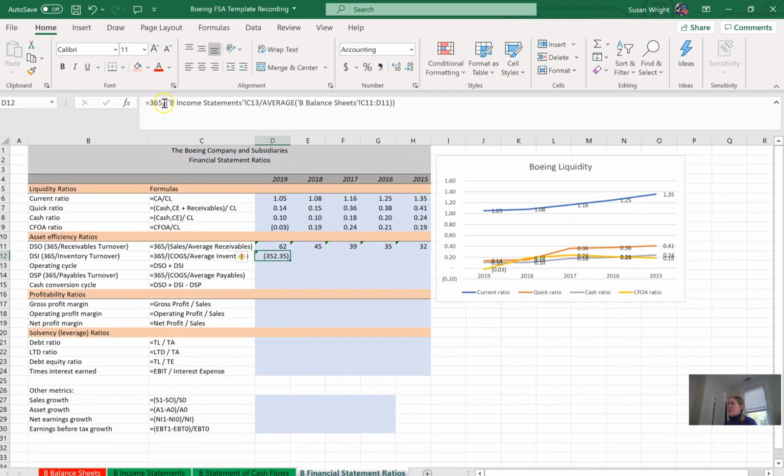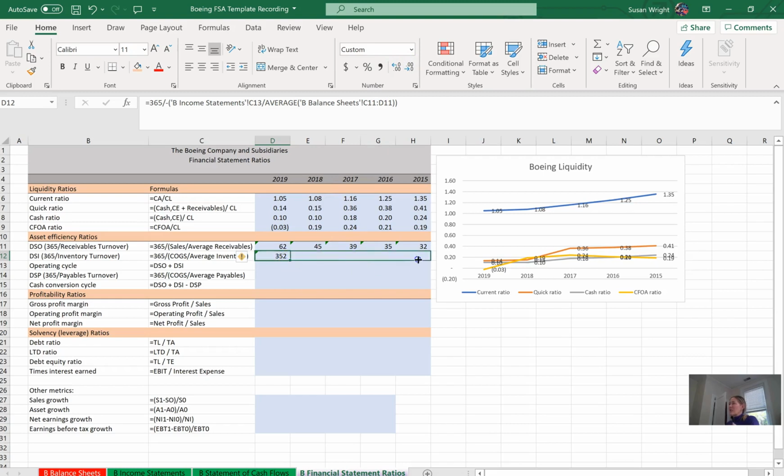Alright, so we've got to change the sign on this because it's negative and we want it to be a positive number. But that's incredibly large. Okay. So it's taking almost a year for them to turn their inventory, which if you think about it, is mostly aircraft, which takes a long time to make.